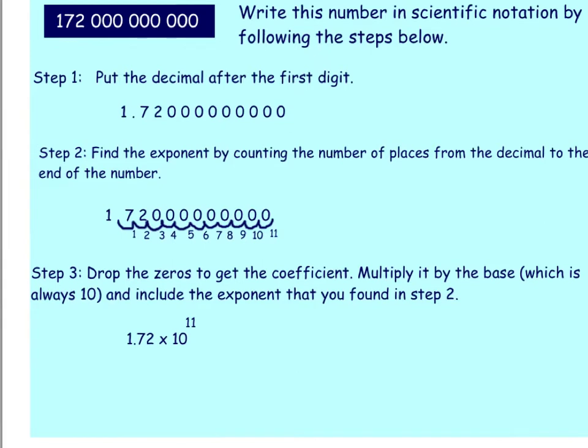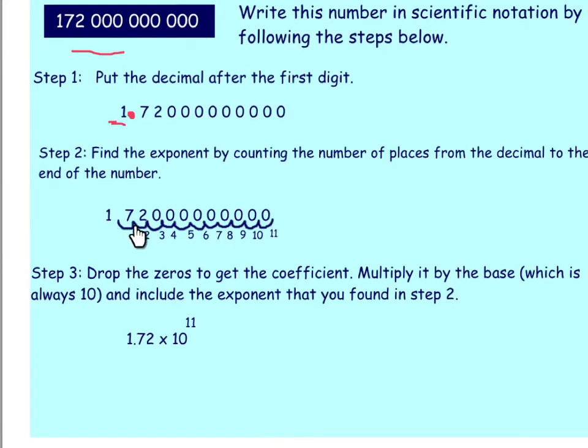Okay, this is going to walk us through how you put this number here into scientific notation. I like this approach that they do. You take the number and immediately put a decimal right here so that you have only one digit to the left of the decimal. That way your number will be between 1 and 10. The next step is basically count how far you have to go to the right in order to be at the end of the number.